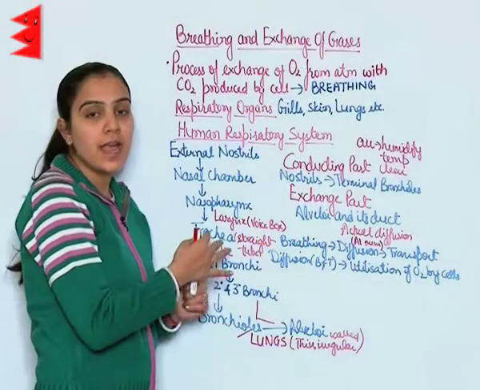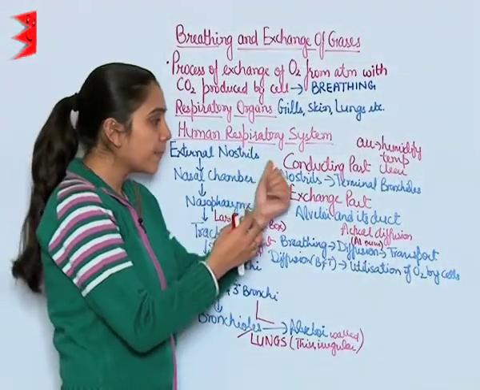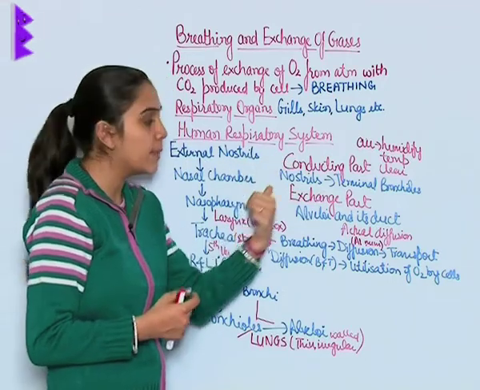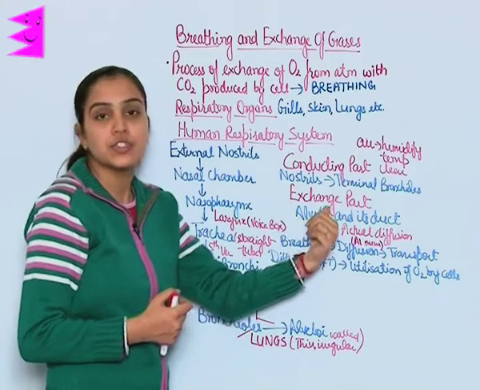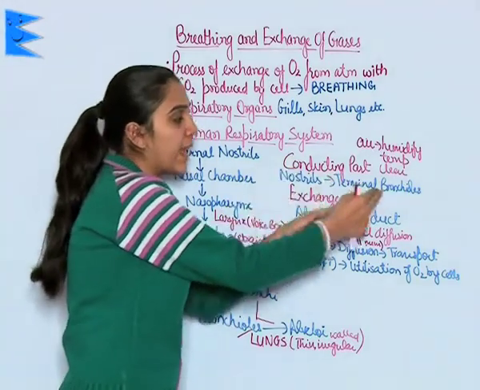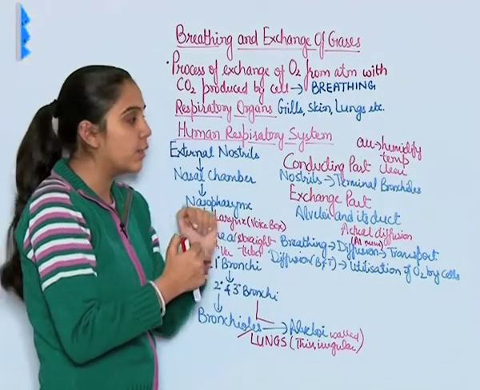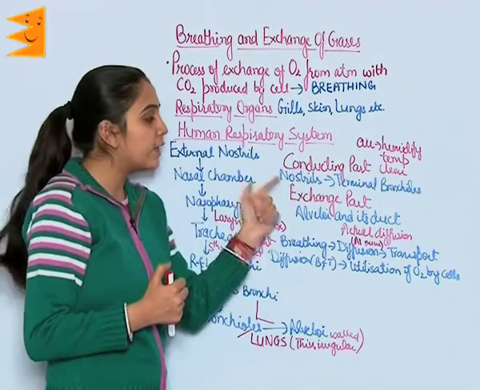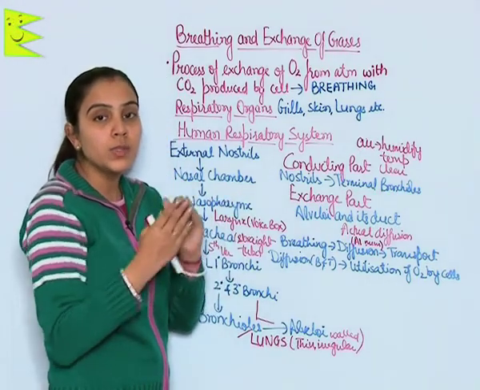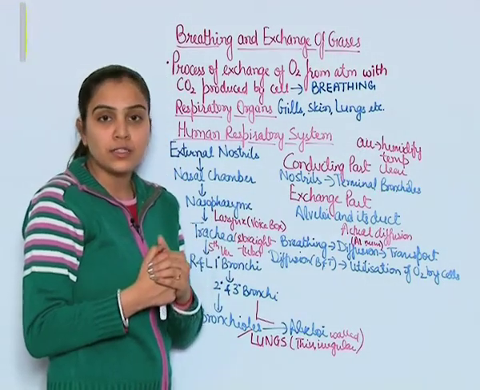Now let us understand the process. There are two parts of this respiratory system, the conducting part and the exchange part. The conducting part starts from the nostril and ends at the terminal bronchioles. It transfers air from outside to the alveoli, where the air is humidified.